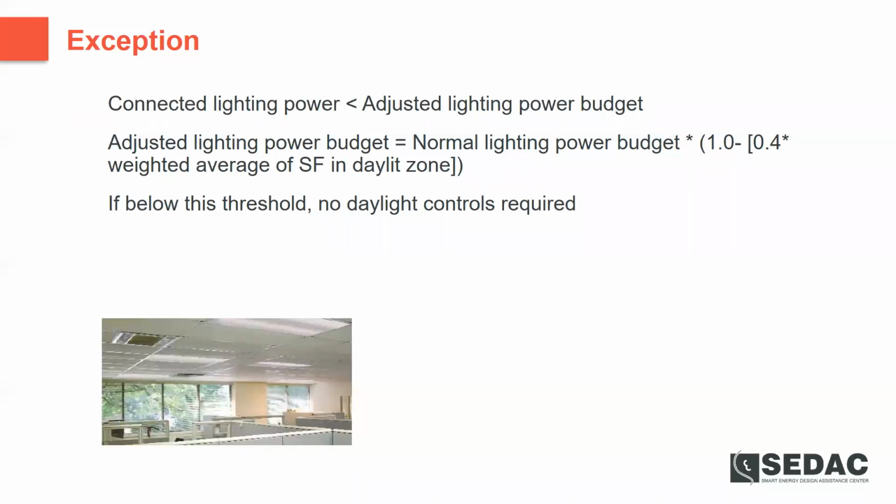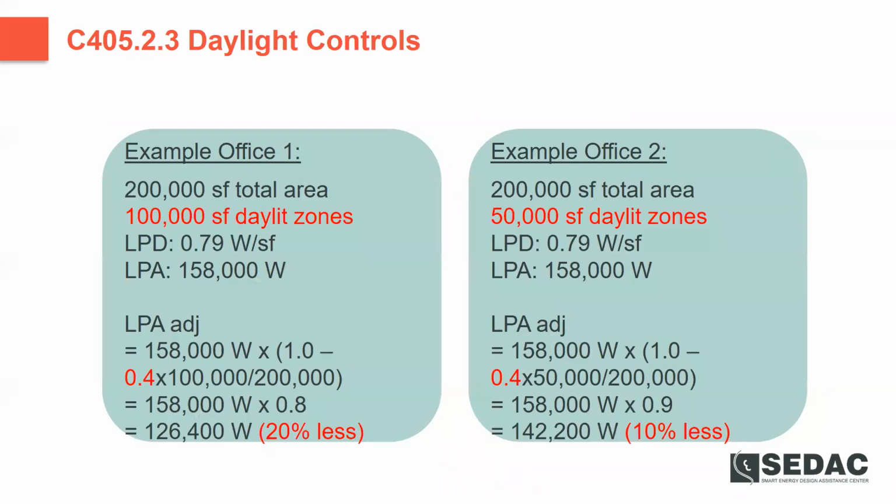And that 40% is an area weighted average of daylit zones to the adjusted lighting power for the entire space. So here we've got a couple of examples of how that might look. Say in a 200,000 square foot office, you've got 100,000 square foot of daylit zone. If you can reduce the connected lighting power in that space from 158,000 watts down to 126,400 watts, that's a 20% reduction.